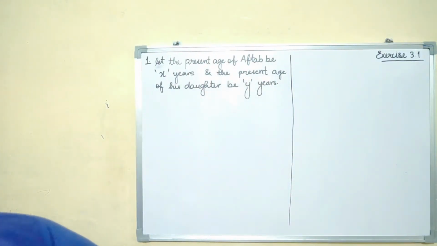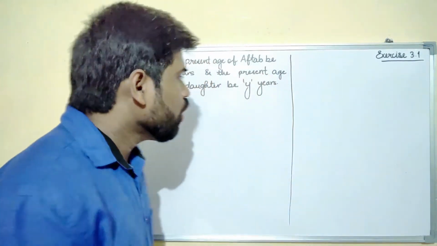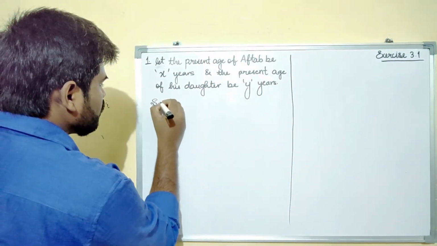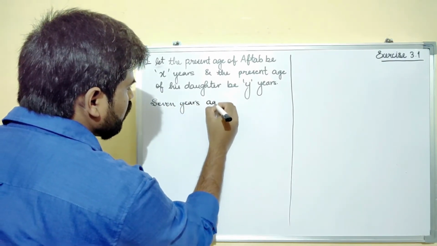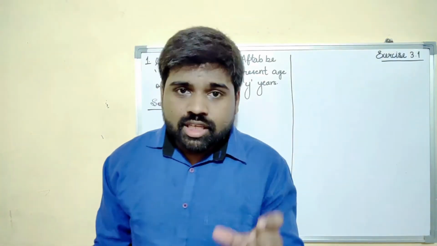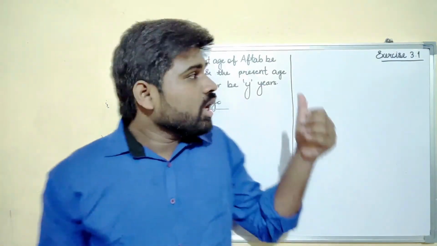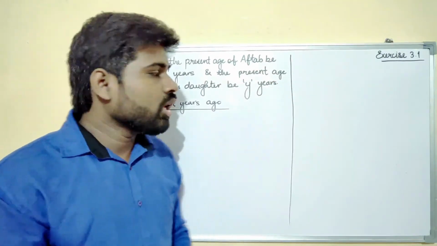Now in the question, the phrase is 7 years ago. So write this phrase as the heading. 7 years ago. Now 7 years ago, Aftab will be x minus 7 years, right?